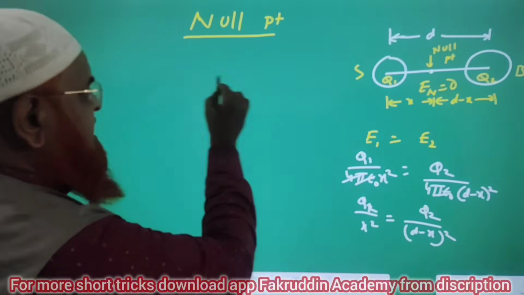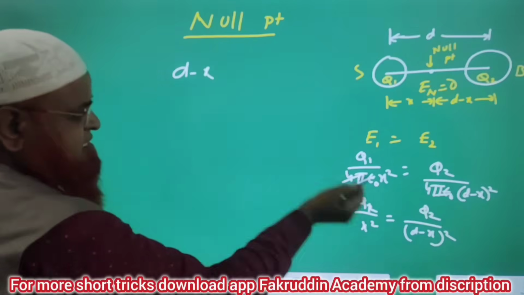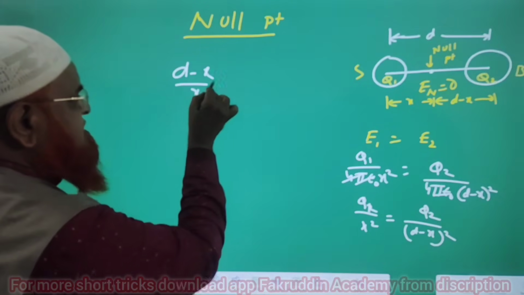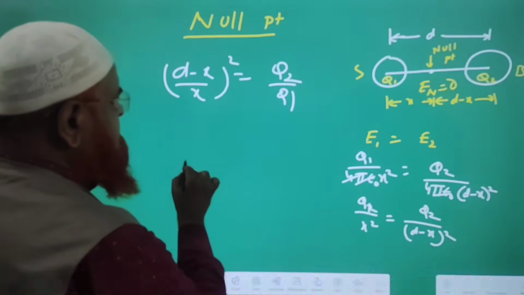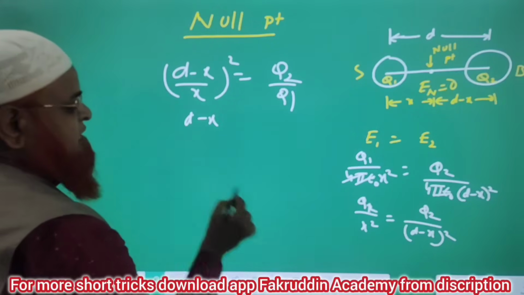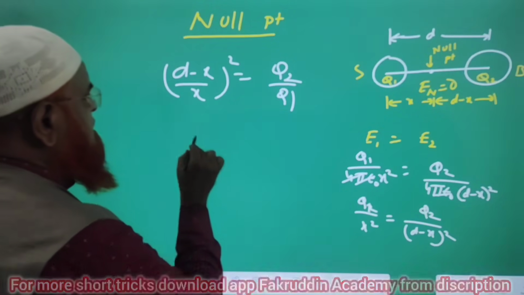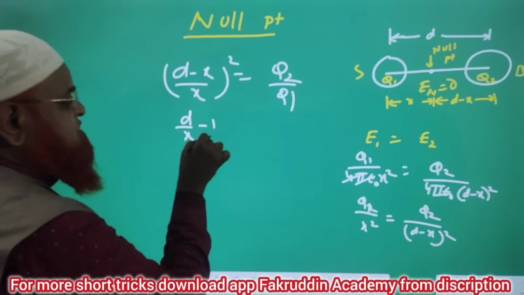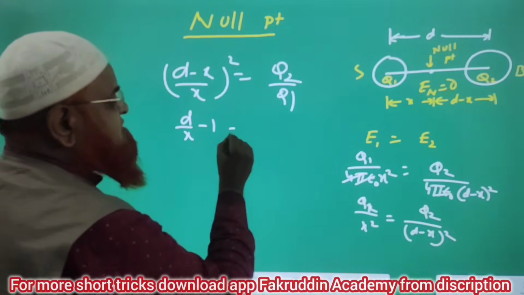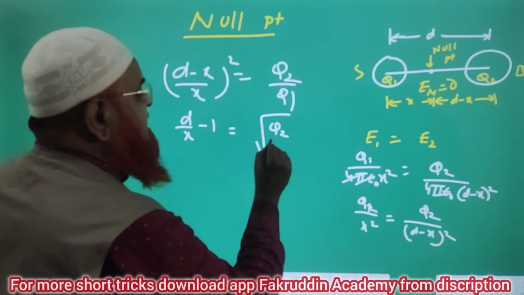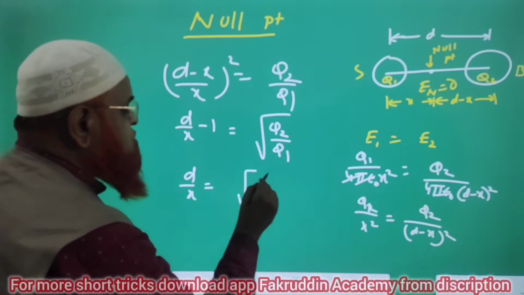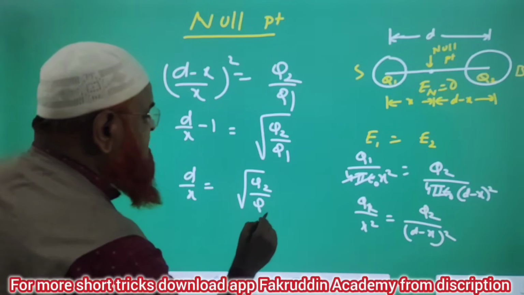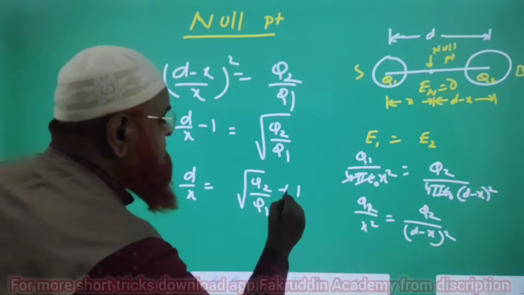That's it. So take d minus x in the numerator, d minus x by x whole square is equal to q2 by q1. So d minus x by x, if you partially divide them, you will get d by x minus 1. This square sent to that side, it is going to be q2 by q1. Therefore, d by x is equal to square root of q2 by q1 plus 1.